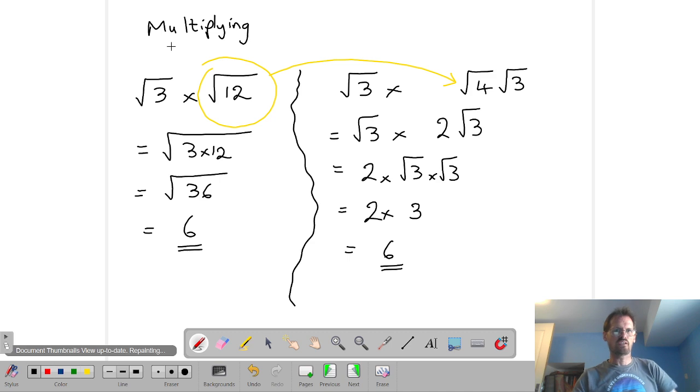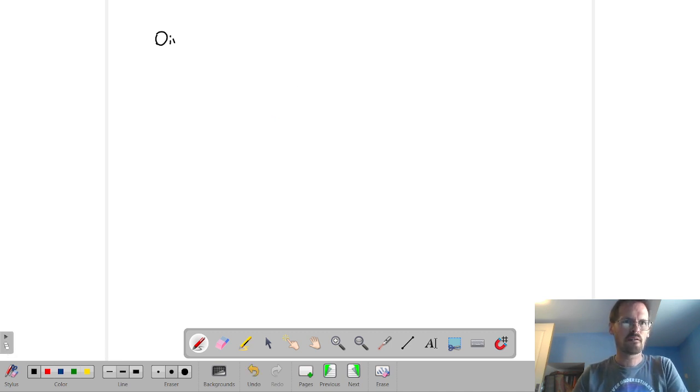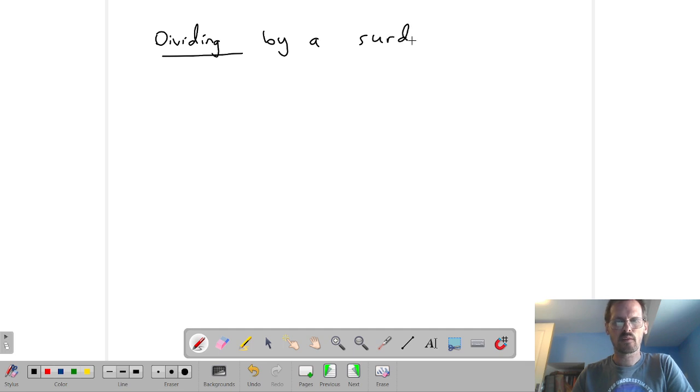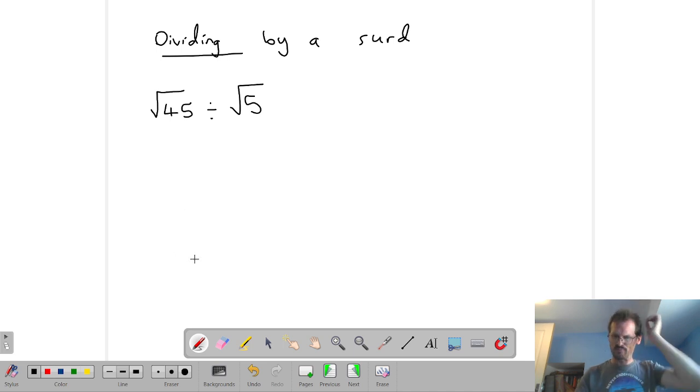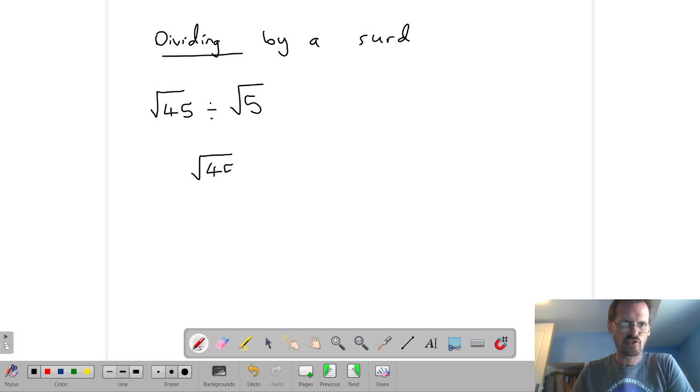What's a bit more tricky is dividing. Now, dividing by a surd would be something like this. Root 45 divided by root 5. Now, the way to do your dividing is to think of it as being a fraction.